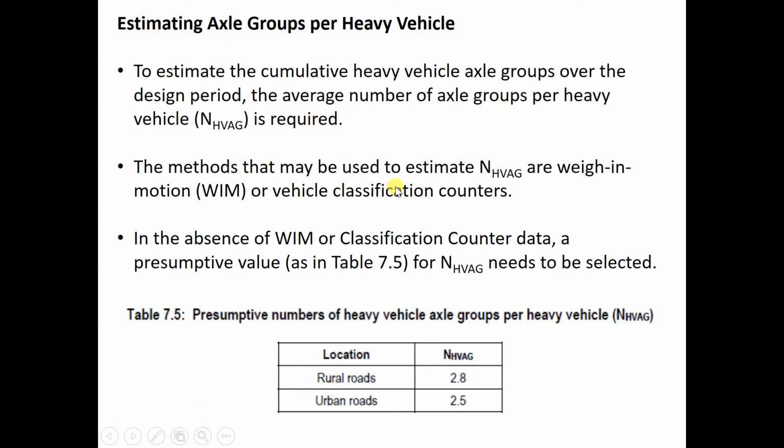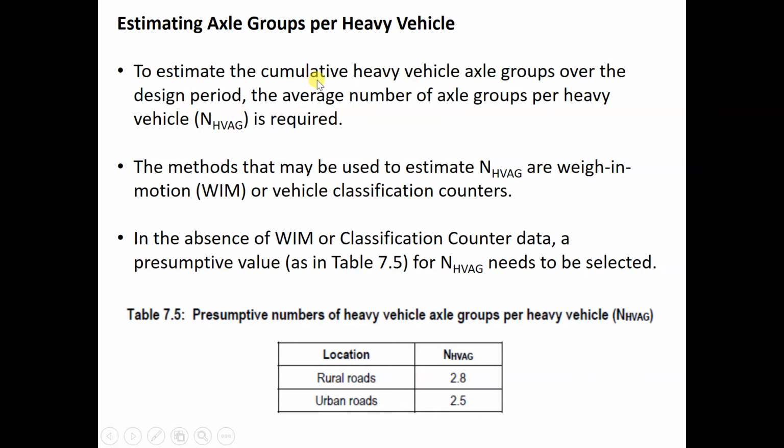Estimate the axle group per heavy vehicle. So you've got many different types of heavy vehicles with different axle groups. So we need to estimate the average axle group per heavy vehicle.